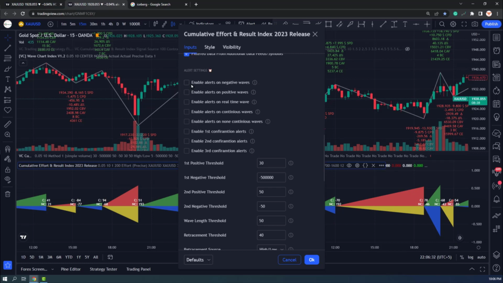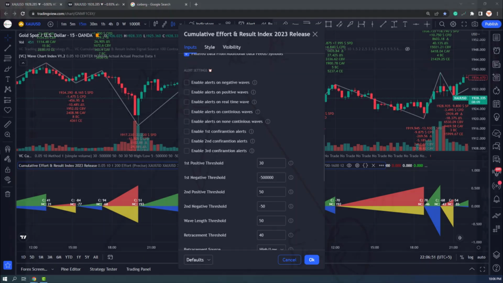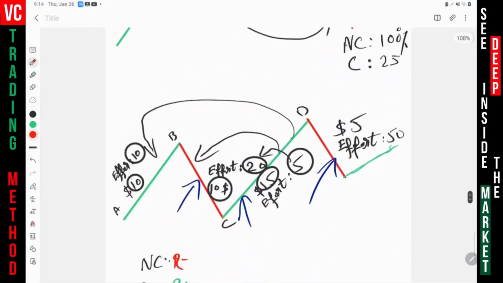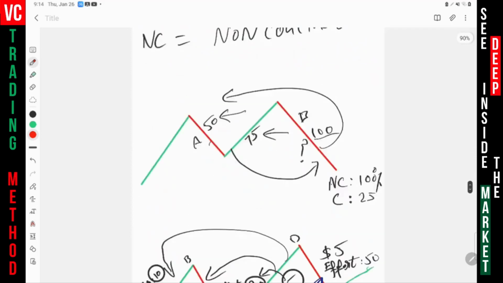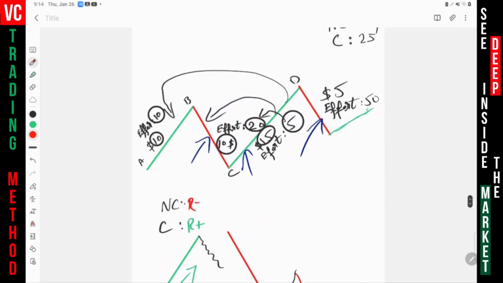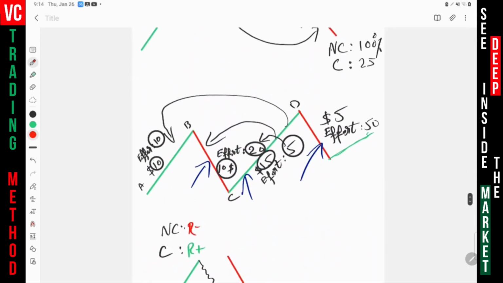If you want to get alerts based on effort and result imbalance, like if there is a condition, like more effort on the positive wave, let me elaborate again here.